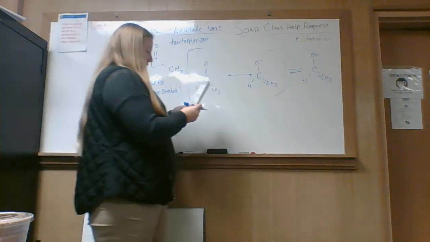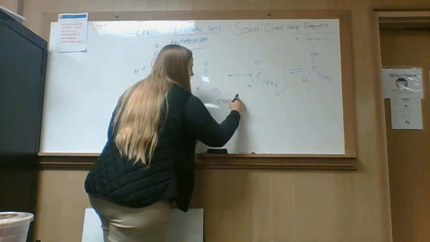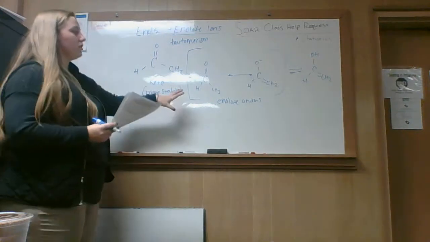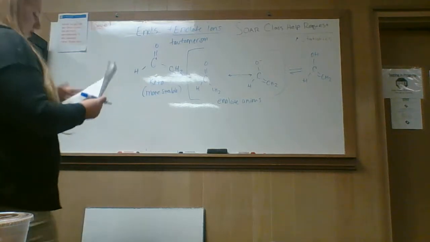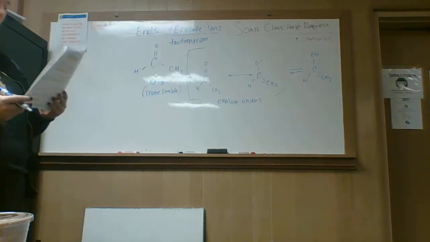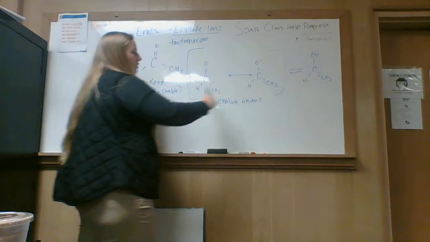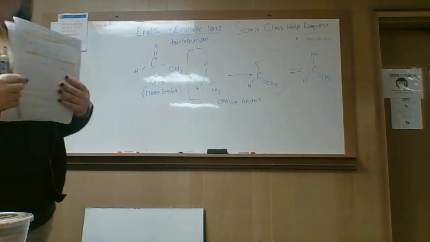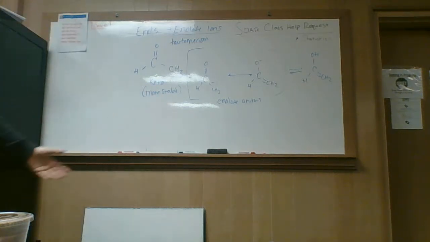So both of these are considered enolate ions, or enolate anions. Essentially we are deprotonating, pulling off a hydrogen, which leaves us with a negative charge. This is just showing that this can go back and forth. Again, there's an equilibrium, so you might have more keto at one point, more enol at another, but this is consistently moving back and forth.